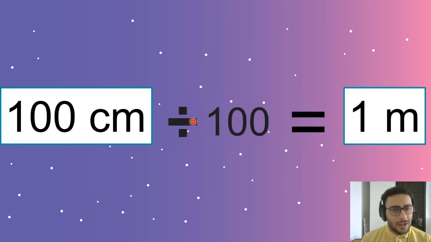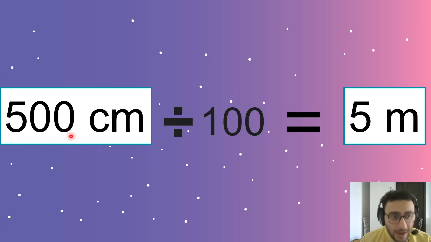But it's easy to calculate it. It looks a little hard. You just have to divide it by 100. 100 meters is very long. 100 centimeters divided by 100 equals 1 meter. Now, if it's even 500 centimeters, right?